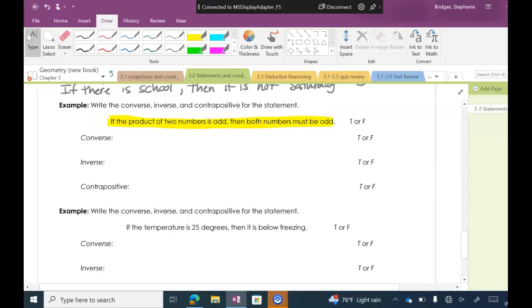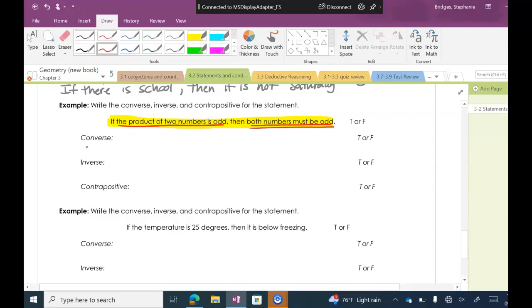My hypothesis is the product of two numbers is odd, correct? Okay. My conclusion is both numbers must be odd. So for the converse, I basically switch that around. Is that true? You said it's false?